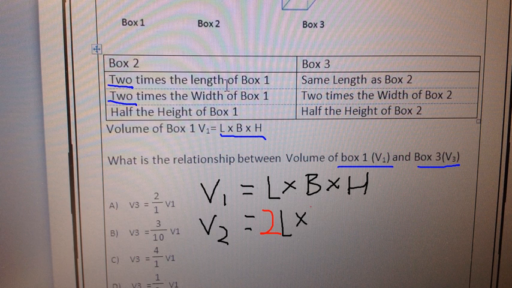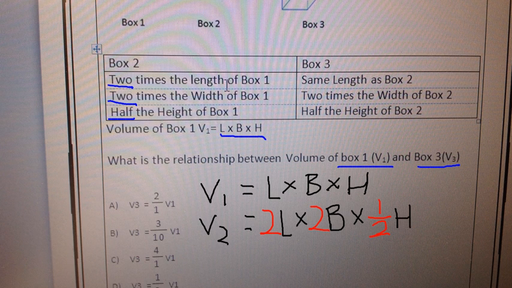So that will give us 2B. Okay, how about the H? Now H, as you can see, is not 2 times but half. So that will give us 1 over 2 or half H.